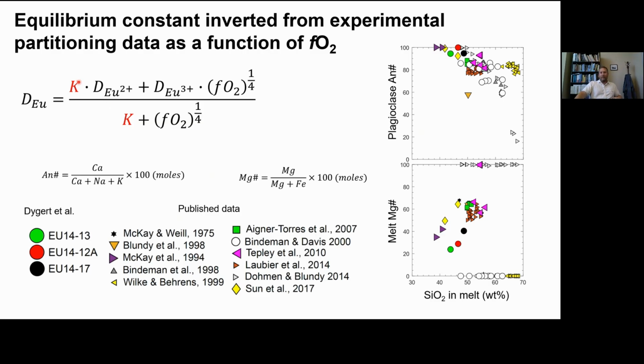And obviously the other one is this equilibrium constant. Using published experimentally determined partition coefficients from experiments conducted under controlled oxygen fugacity conditions, I inverted the equilibrium constant. I just want to briefly show you here the compositional ranges from which those partitioning data were determined. Here you see the plagioclase anorthite content, again, how calcic the system is, and the x-axis here is the silica content of the liquid.